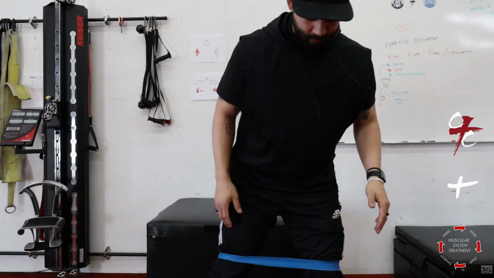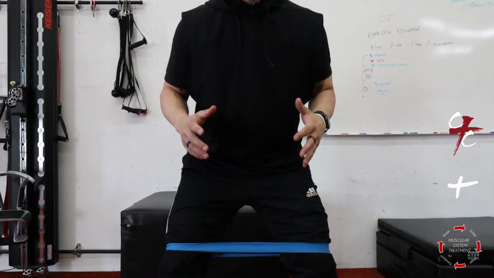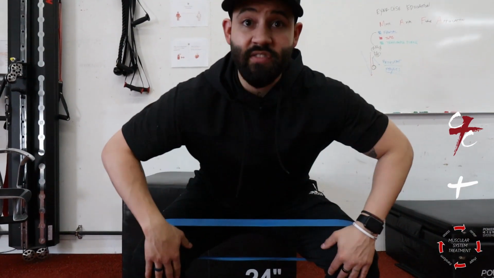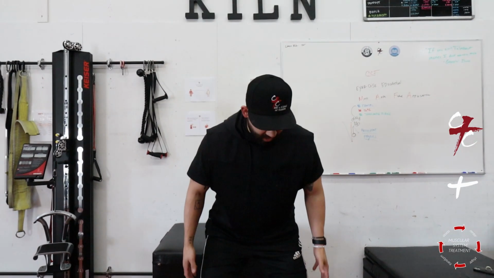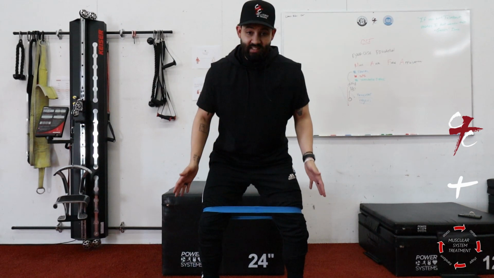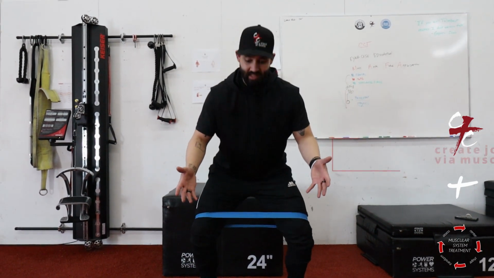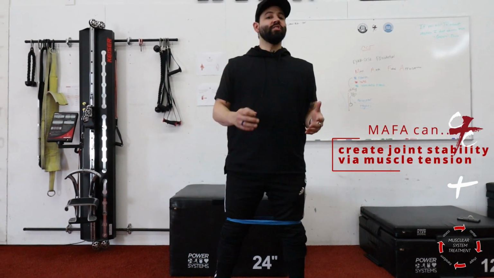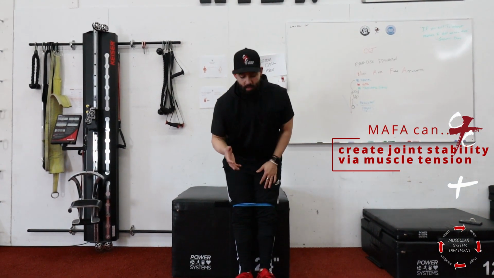So now if I'm here and I'm getting some tension out into that band and I squat, people might be like, oh my gosh, that feels better. But what we're doing is getting muscles in a different line of force activated to help stabilize the joint, right? Which is a super cool way to help you move more efficiently and without pain.